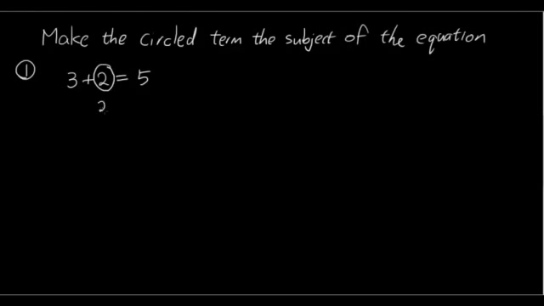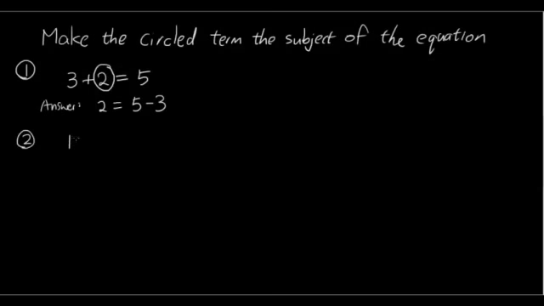So 2 equals 5 minus 3. Okay, so this is the answer. 2 equals 5 minus 3. So you have just made the number 2 the subject because it is the only thing on that side of the equation.